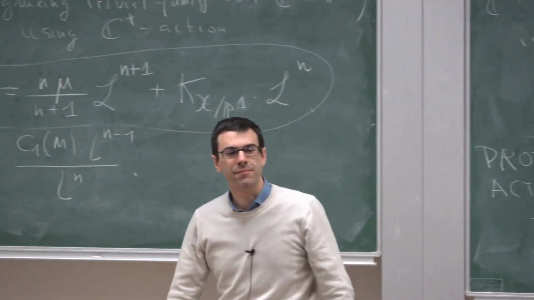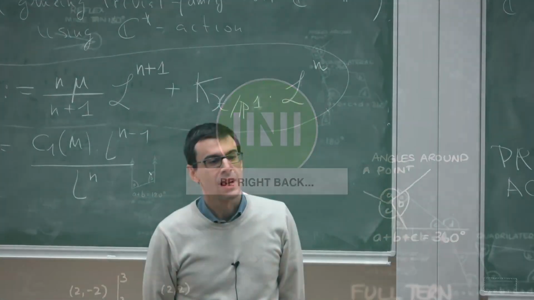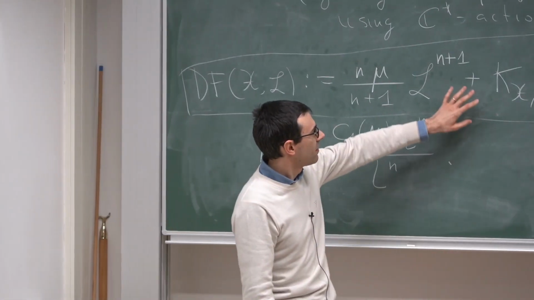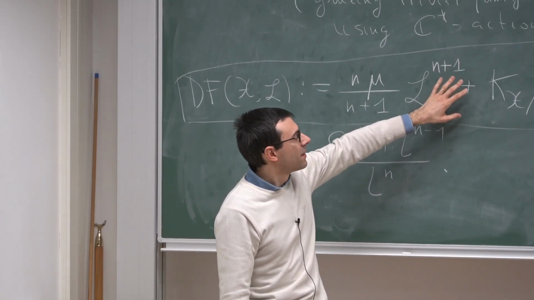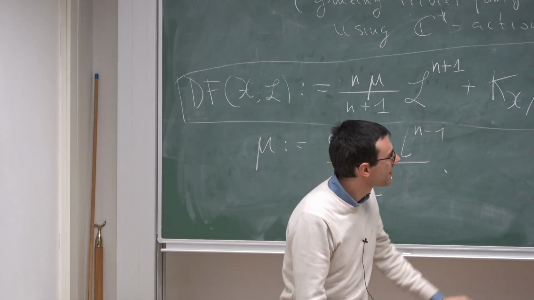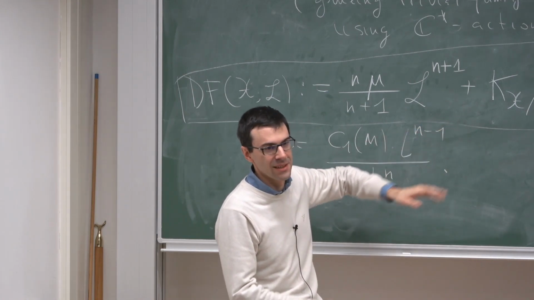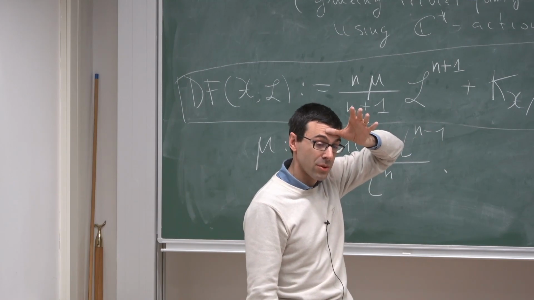But what you have there all depends on the central fiber, but this depends on the whole degeneration, right? Yeah, as I was saying, there are other ways that don't use this compactification. This is a way to compute it if you like. There are alternative definitions that make it manifest that it does not depend really on the total space.